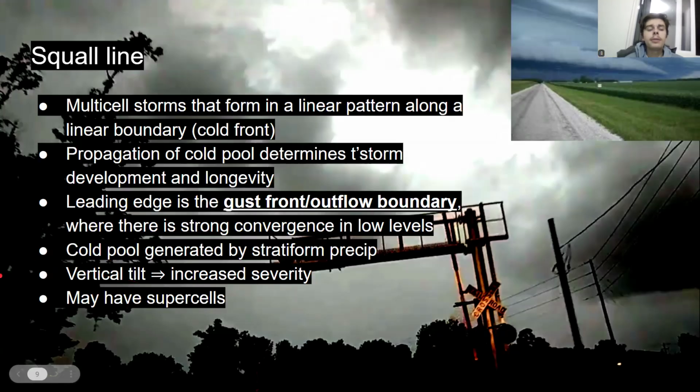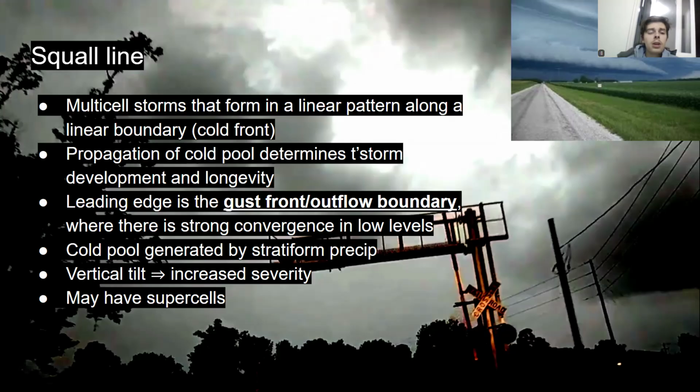So, squall line. I said that typically a multicell line can be too weak of boundaries to be a squall line, but sometimes the multicell storms can end up being a squall line, and they are in a linear pattern on a linear boundary, which is typically a cold front.